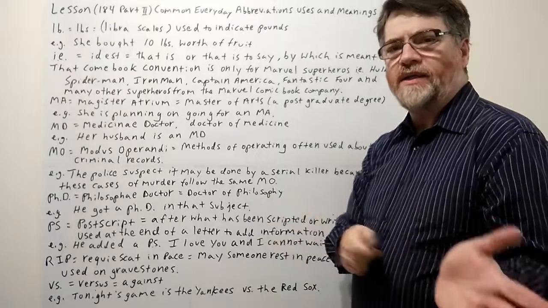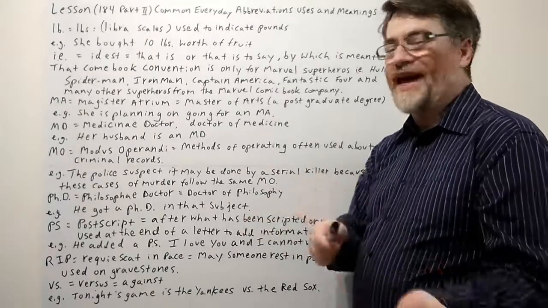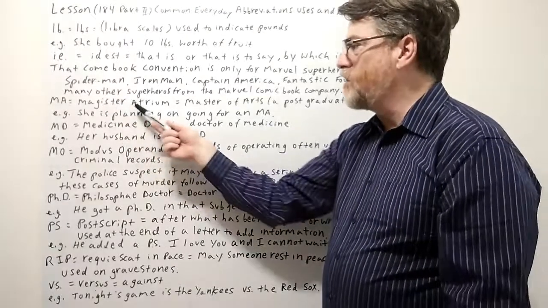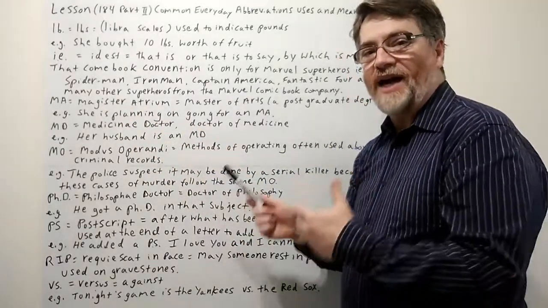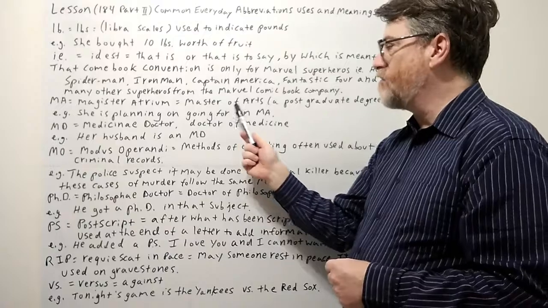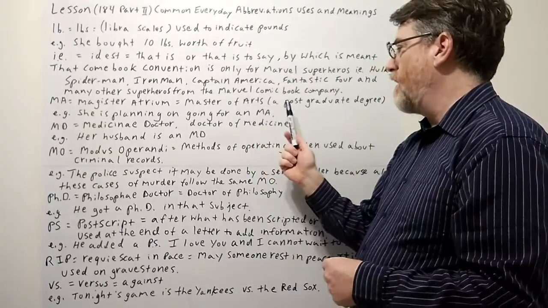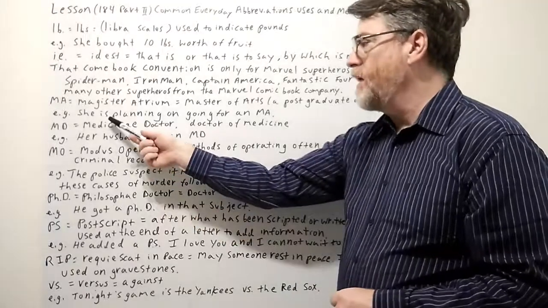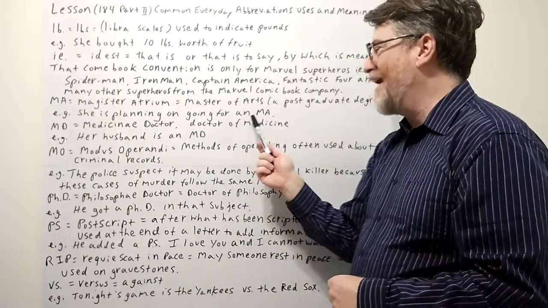All right, let's look at MA. MA, like somebody gets a postgraduate degree. Somebody got an MA. It comes also from Latin. Magister Artium is what it actually comes from, which is Master of Arts. Okay, a postgraduate degree, right? So here's the example. She is planning on going for an MA.